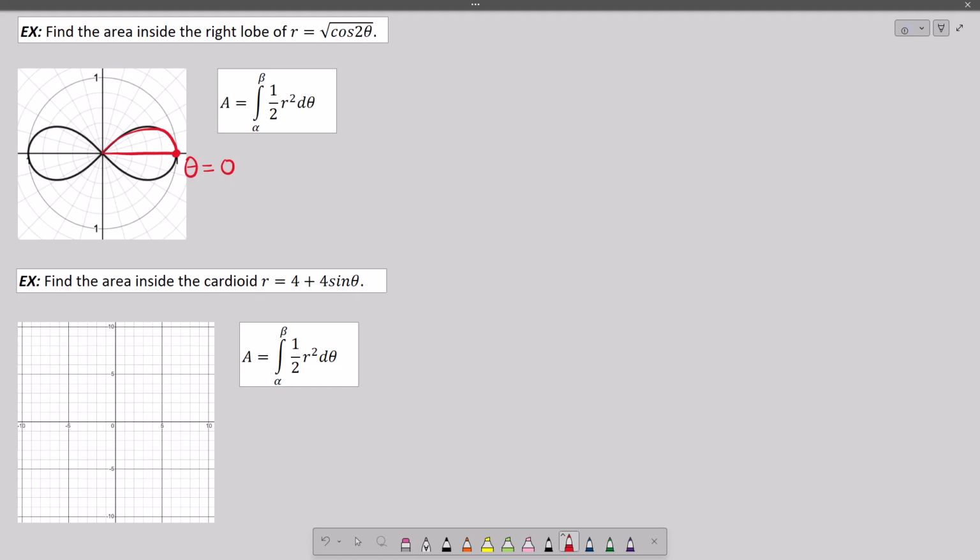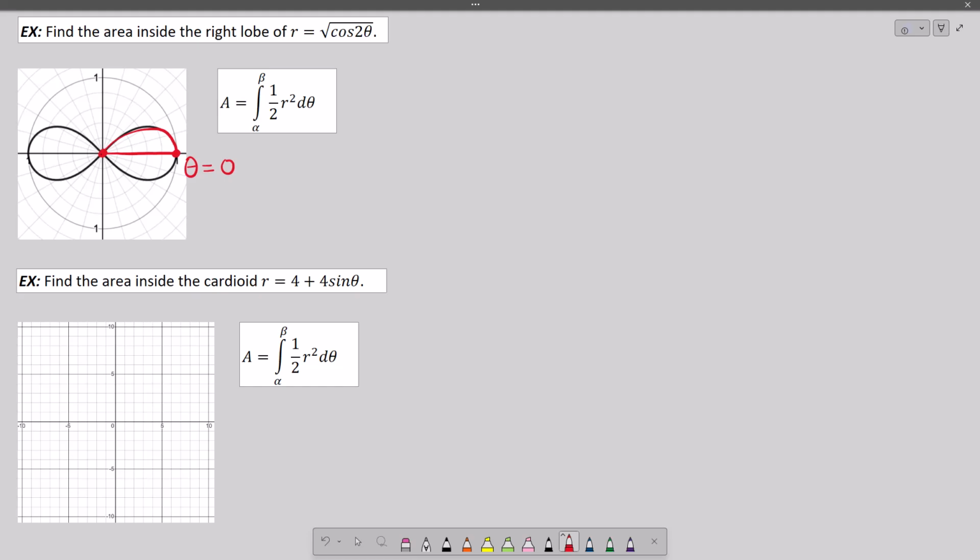So the question then is, as theta is rotating, where does theta get to when we get to the origin? If you look at the graph paper I have there, it looks like pi over 4, halfway between the quadrant, the bisecting of the quadrant. Let's check.